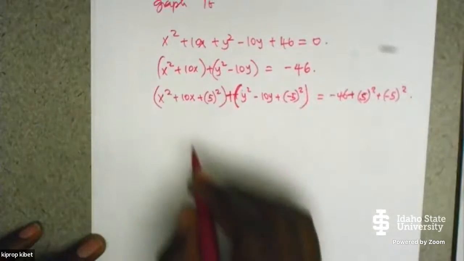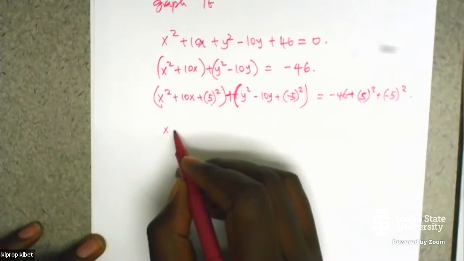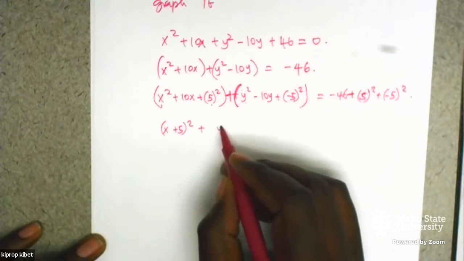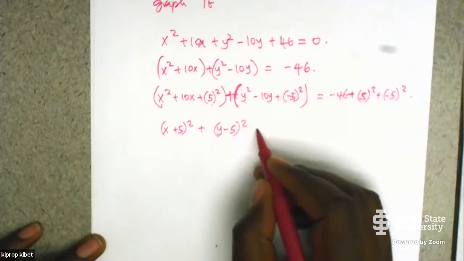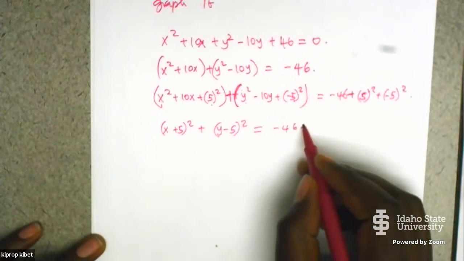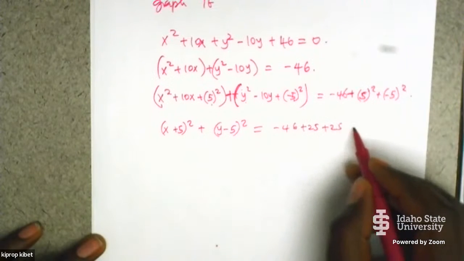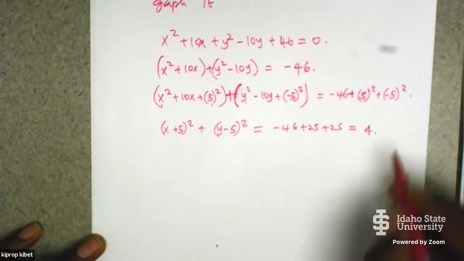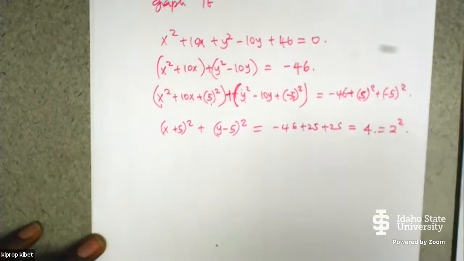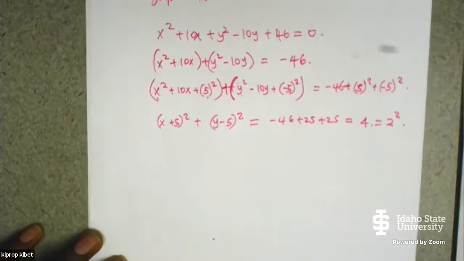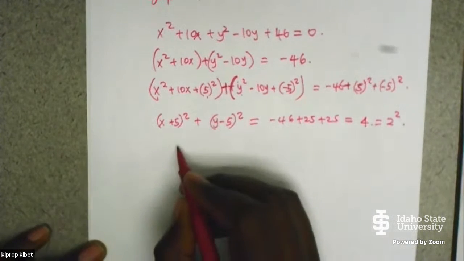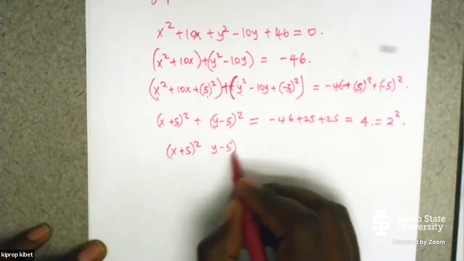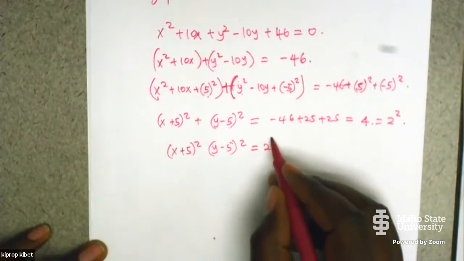Now we complete the squares: x plus 5, squared, plus y minus 5, squared, equals minus 46 plus 25 plus 25, which equals 4. And this is 2 squared. So therefore, our standard form is (x plus 5) squared plus (y minus 5) squared equals 2 squared.